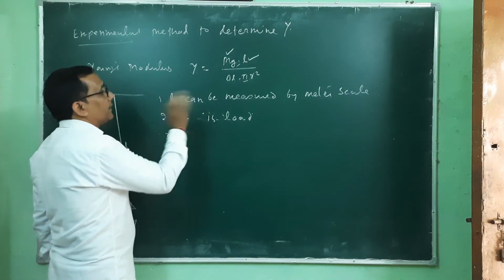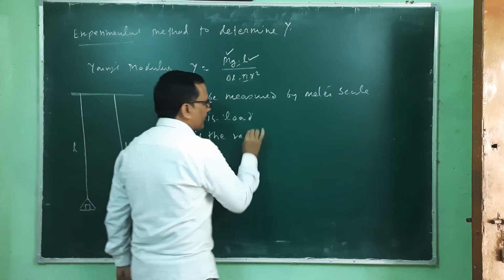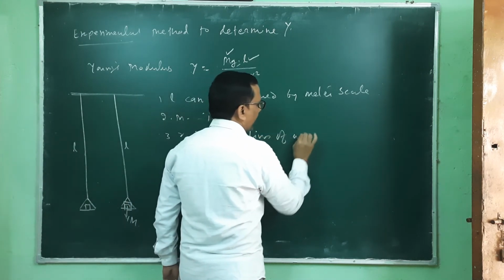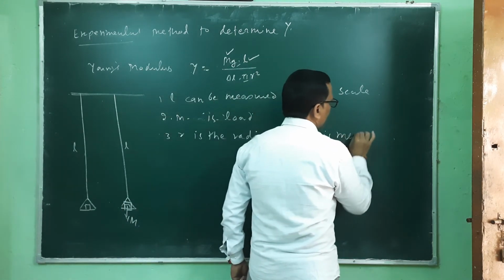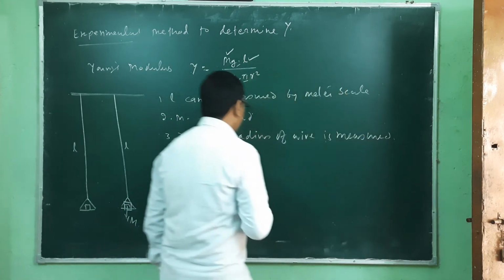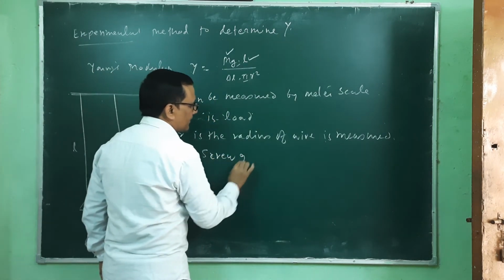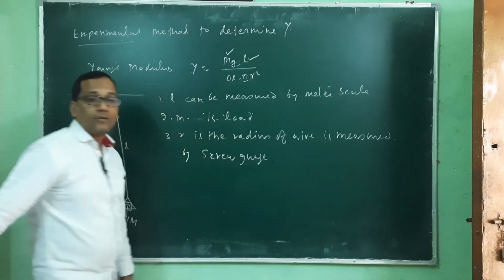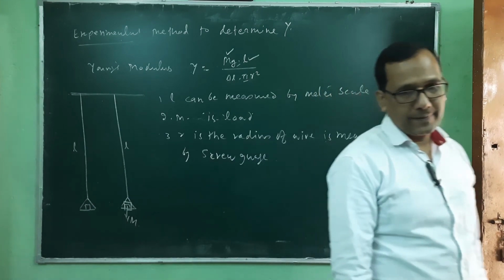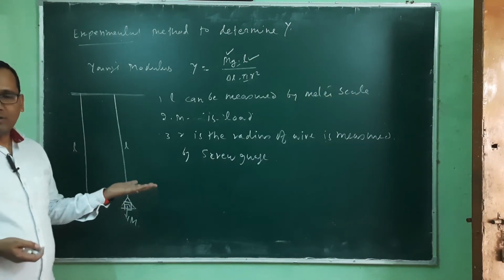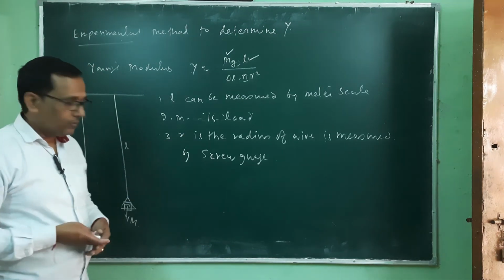Third, the radius R of the wire is measured by screw gauge, because we need accurate measurement. So now the radius of the wire is known, and the initial length is known.